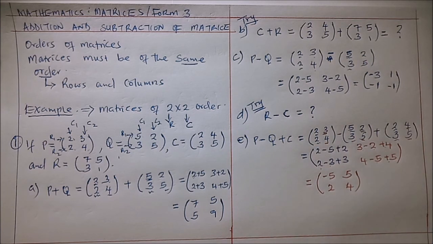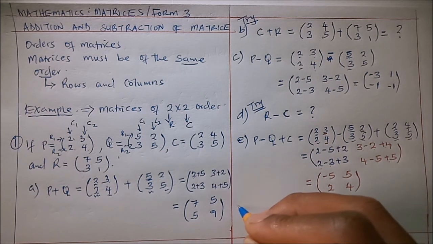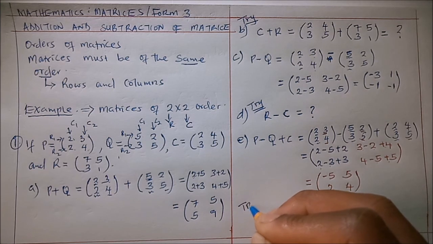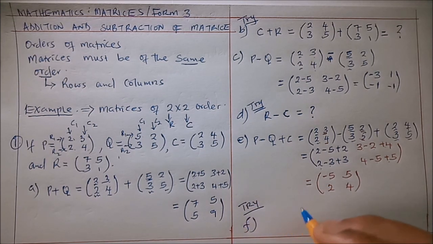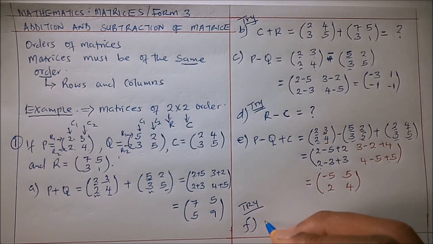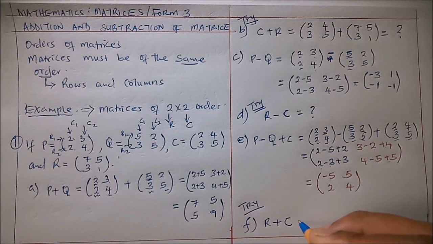So I hope you're getting it and how to do it. And so I want you to try this during your own time. That is part F. Part F will be, what is R plus C minus P plus Q?